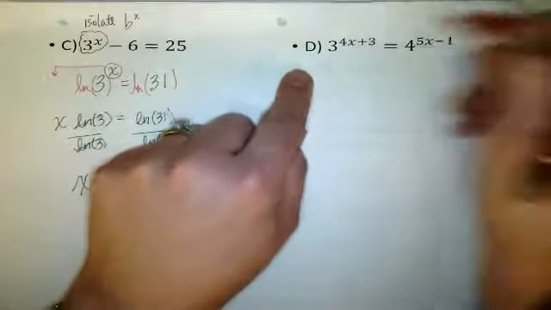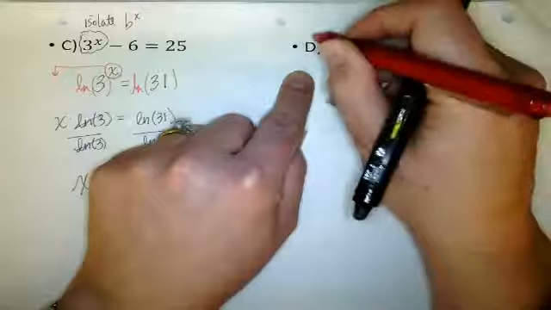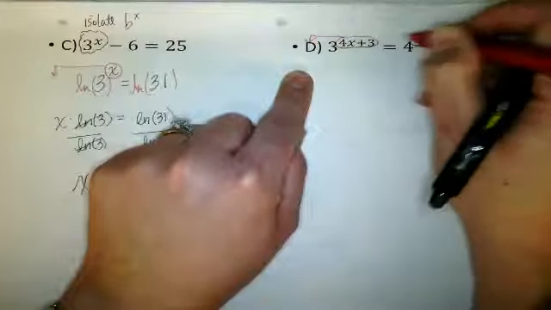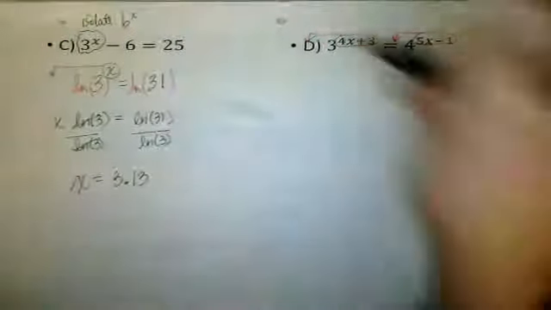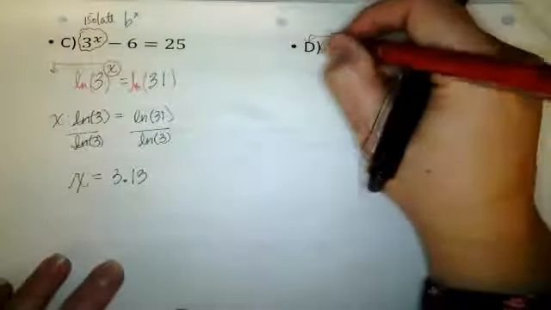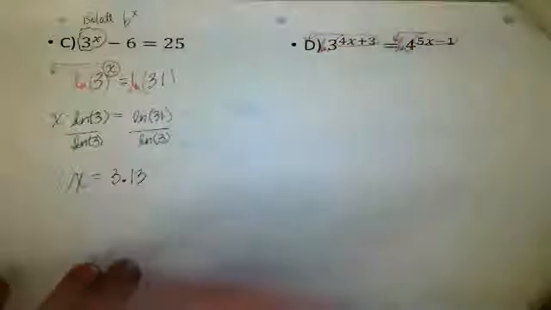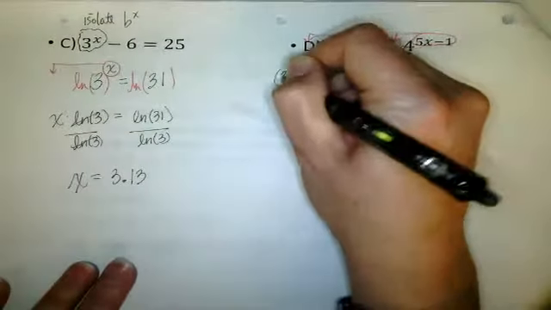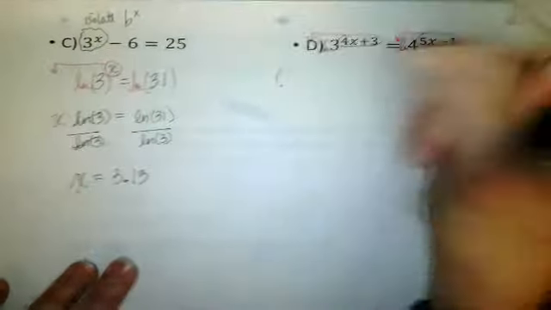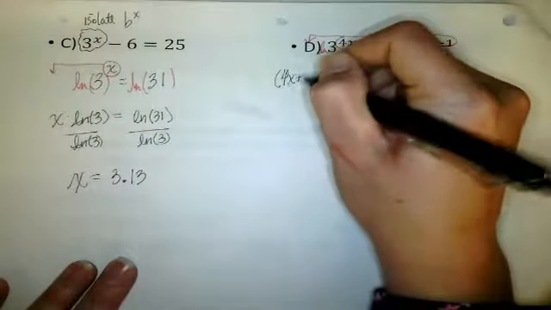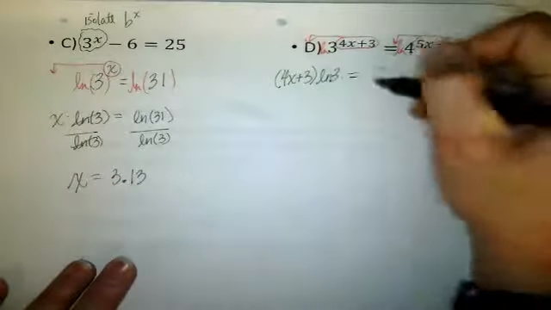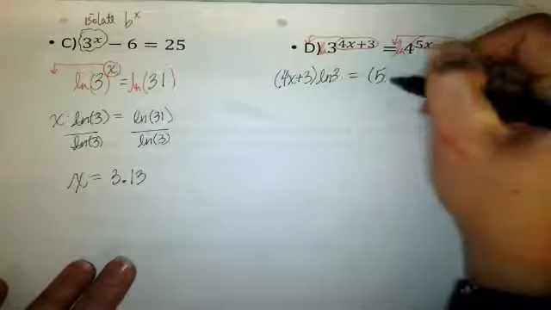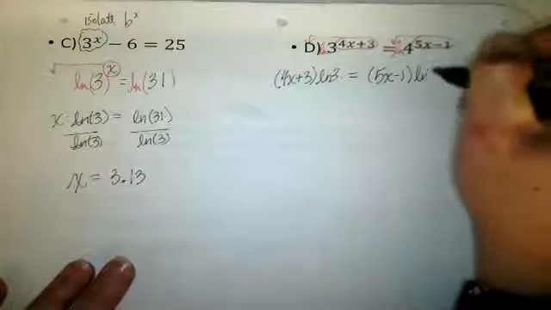So again, I need to do something to allow my powers to drop, because I can't solve when my exponents are way up high. So we take a natural log of both sides. That gives me my big giant power, 4x plus 3 times the natural log of 3, equals the exponent 5x minus 1 times the natural log of 4.